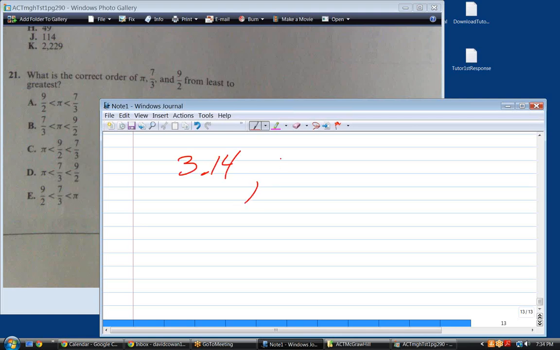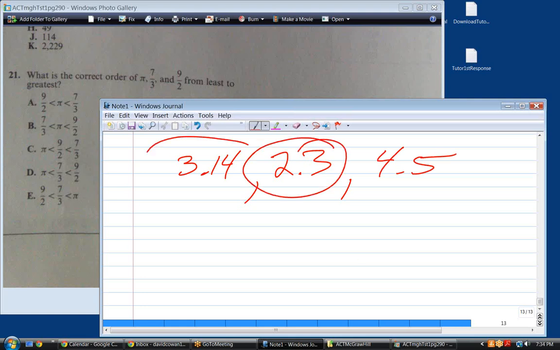What's 7/3? You only need the first digit. Do it on your phone. 7 divided by 3. 2.3. And what is 9/2? 4.5. Now it's a piece of cake.